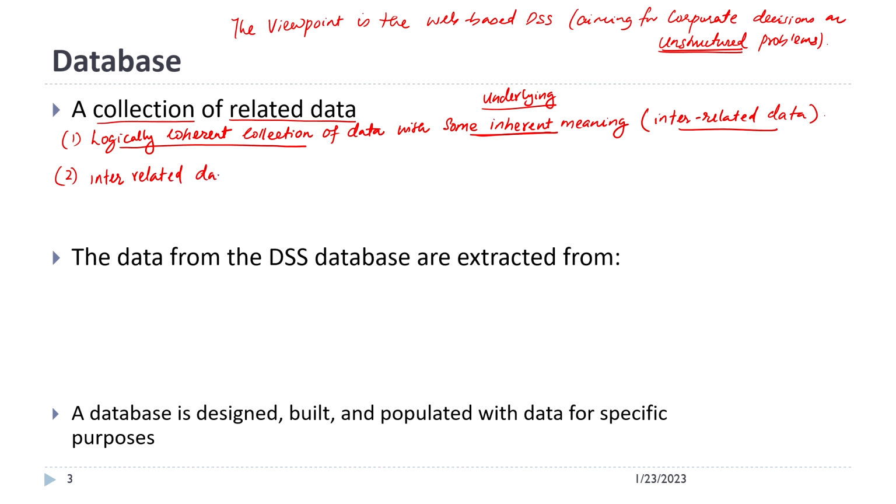Interrelated data is usually extracted from various sources. Okay. There are various sources that generate it, stored for usage in future.